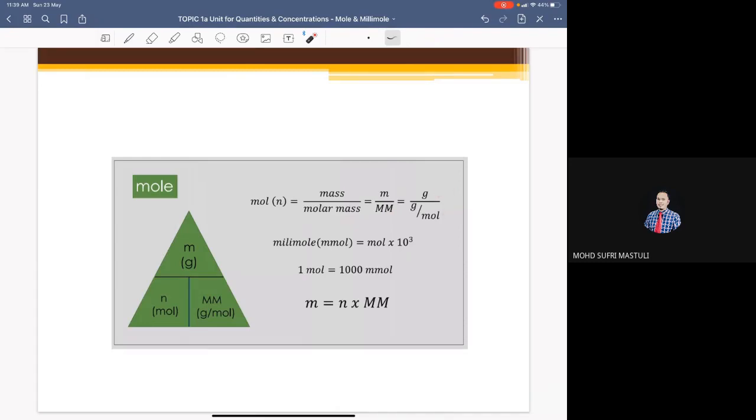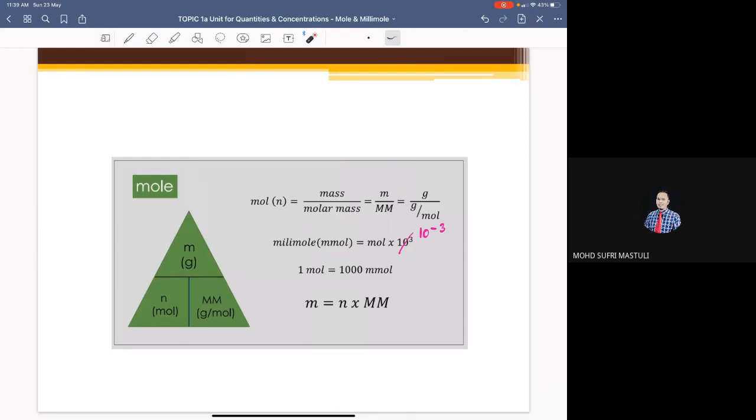And if one converts mole into millimole, whatever mole you should multiply by 10 to the power minus 3. As we did together previously, we know 1 mole is equivalent to 1000 millimole.